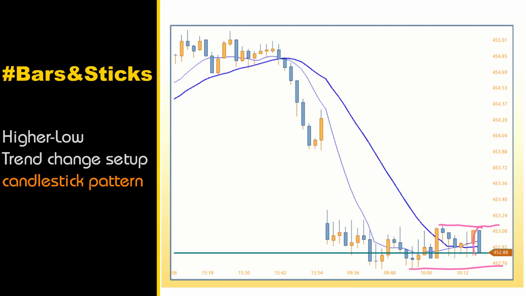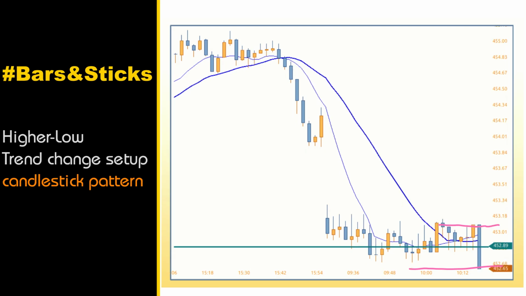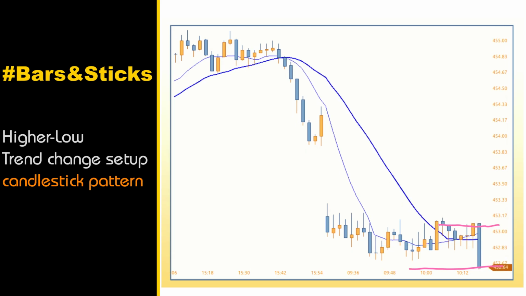Now this bar doesn't look too promising. Oh. It's almost there. May have to exit. Oh, need to exit. I lost.